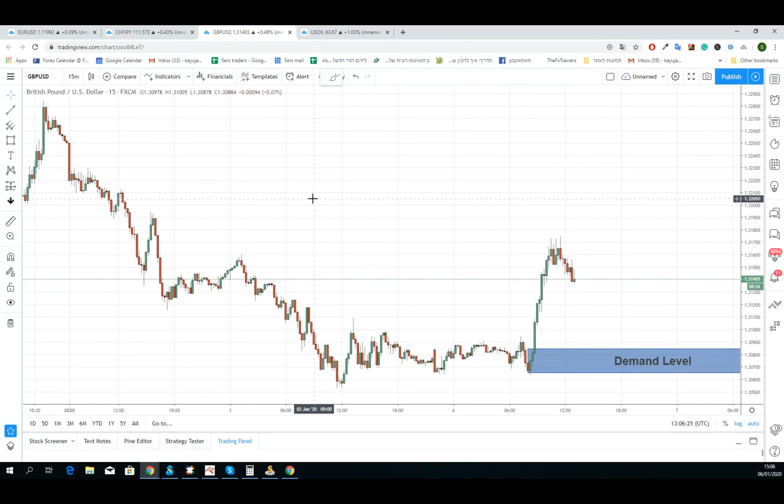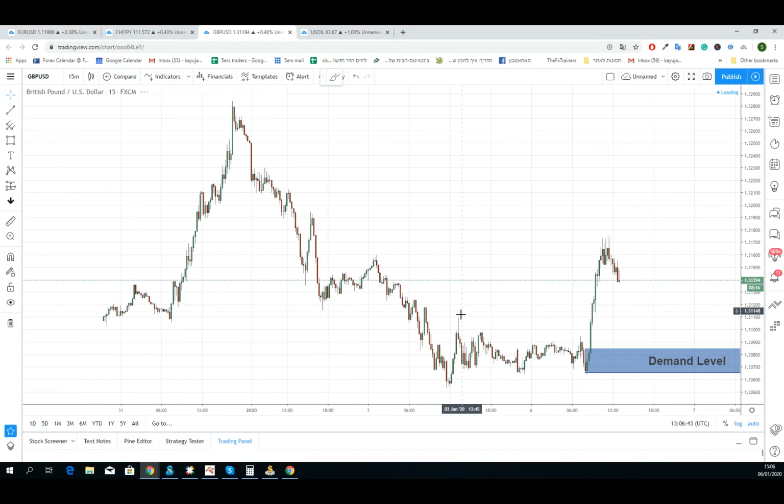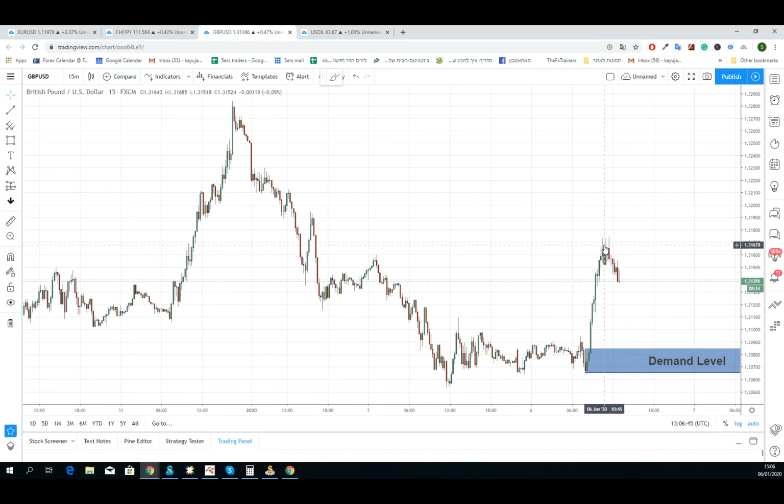As we can see, the GBPUSD just a few hours ago created a fresh demand here at the bottom. The price rallied from that level very fast and strong. If we are looking at intraday analysis, the price tends to reach at least this supply here above.